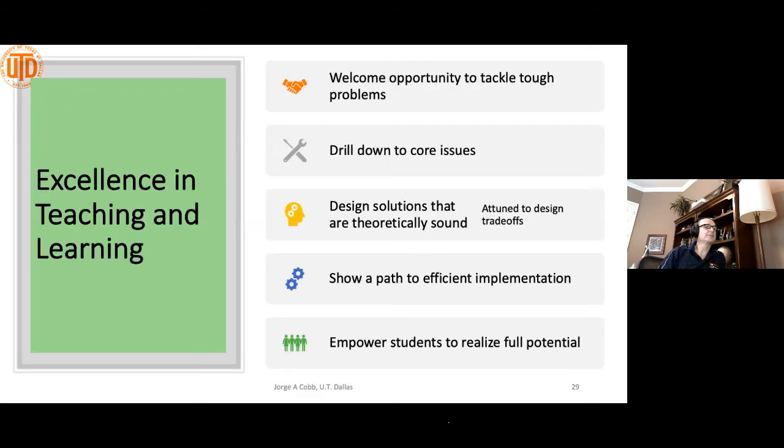Next slide, please. So in engineering, excellence in teaching and learning, we welcome the opportunity to tackle tough problems. We do not back away from any engineering problem. If anything, it's our motto, which I probably cannot even see, but we have fearless engineering. That is our motto. No problem.